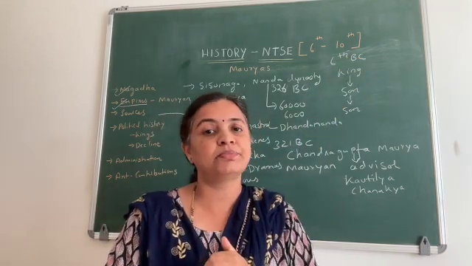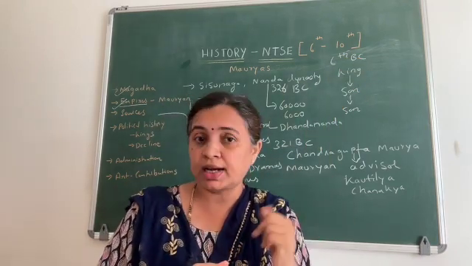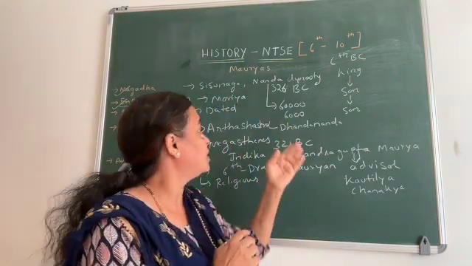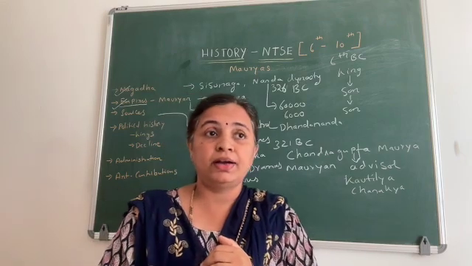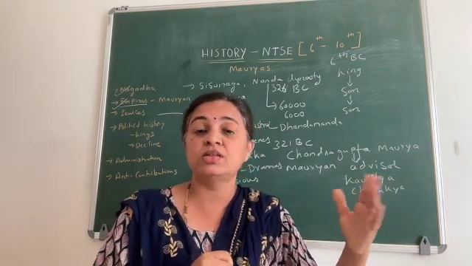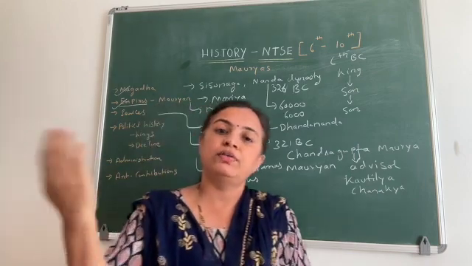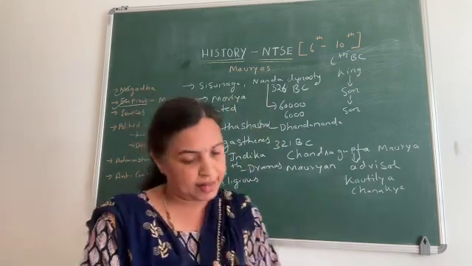They also wrote something. So Buddhist Jataka tales give a lot of information about this Mauryan dynasty. And Buddhism had also gone to Sri Lanka. So there are some texts of Sri Lanka also which talk about the Mauryan dynasty.